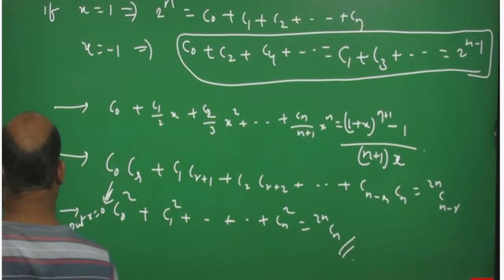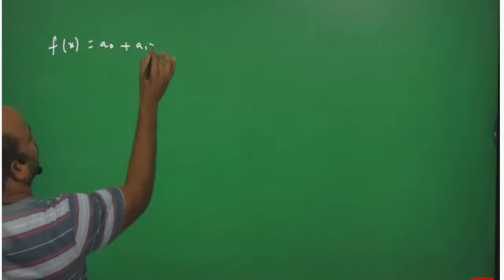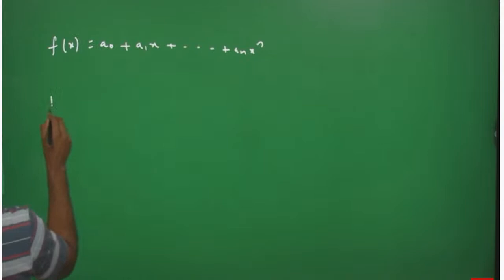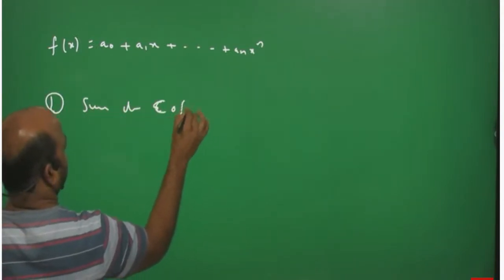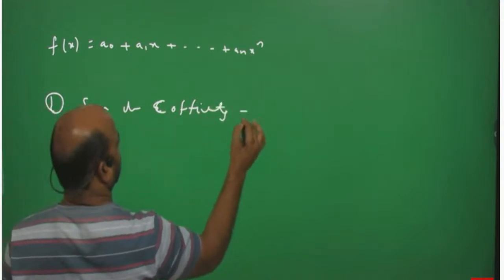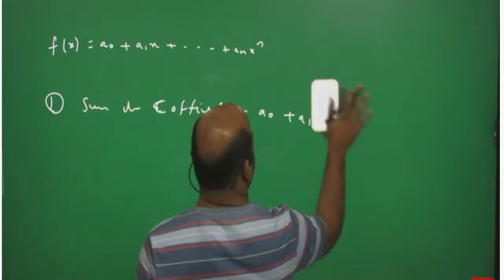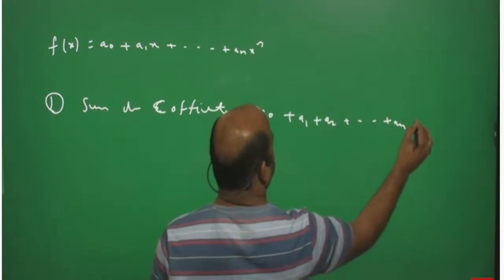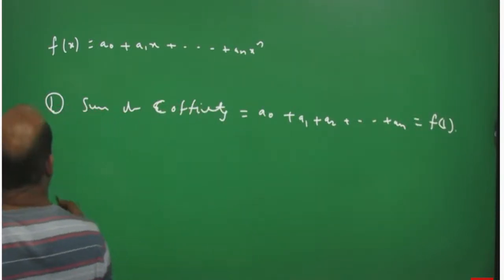Right. So the next one is, if I have a polynomial f(x) something like this, then first point, sum of coefficients is, can you say what is that? By putting x equal to 1. Sum of coefficients is f of 1. Next point.